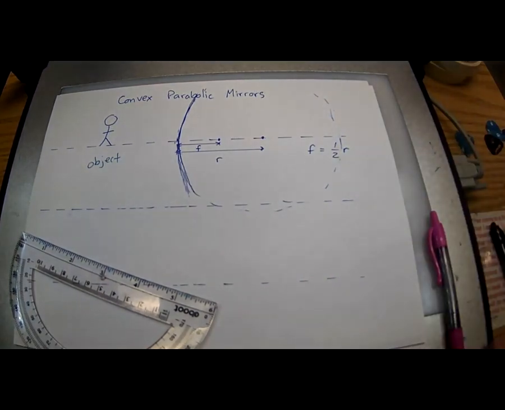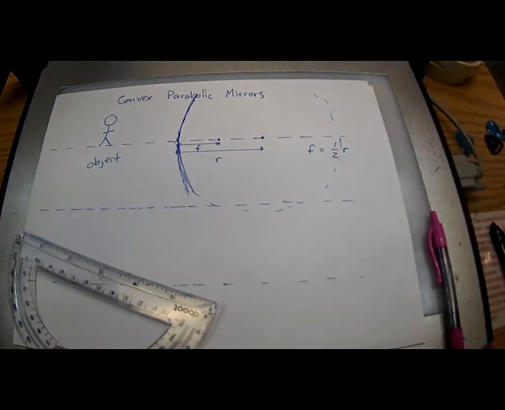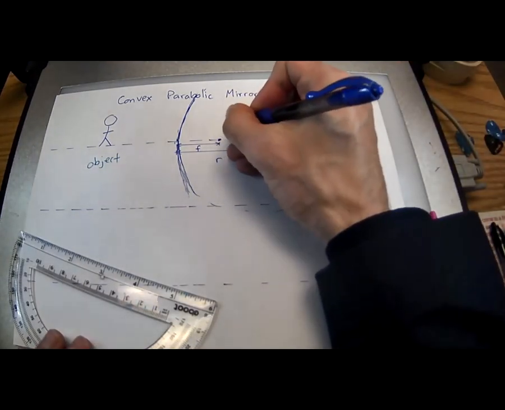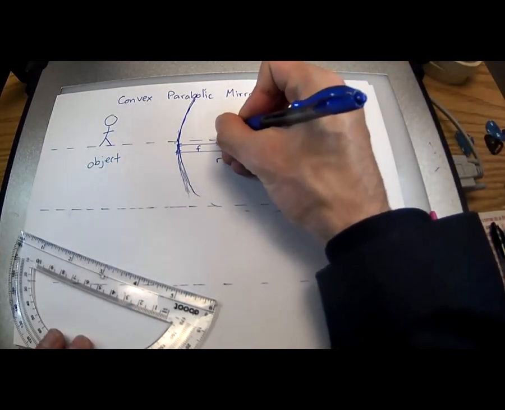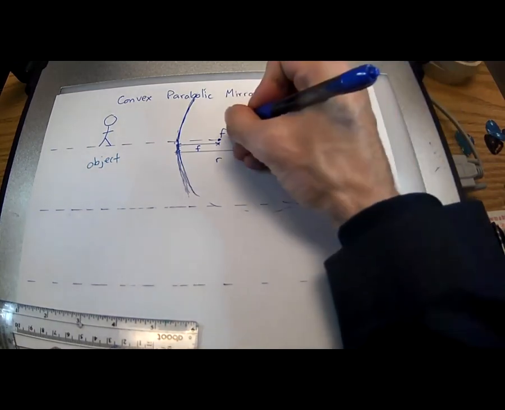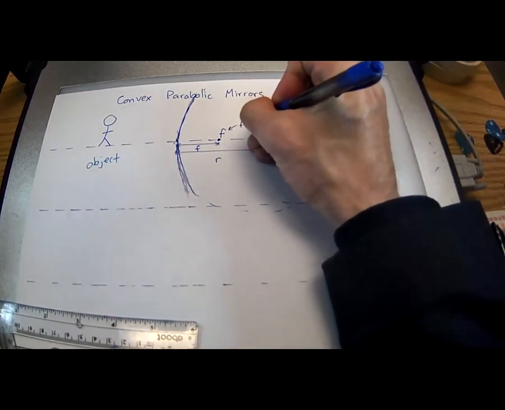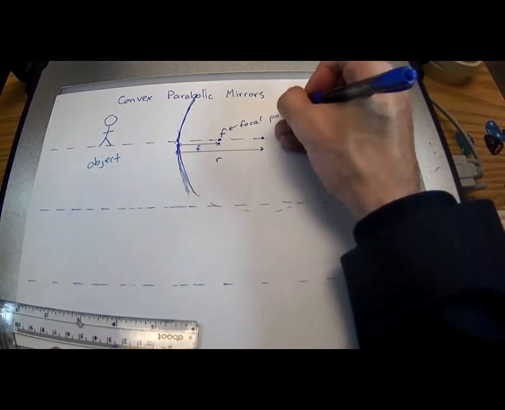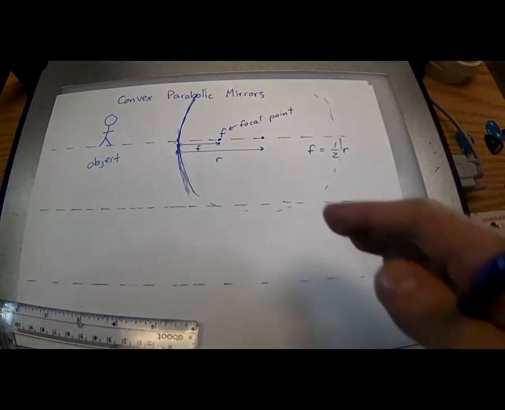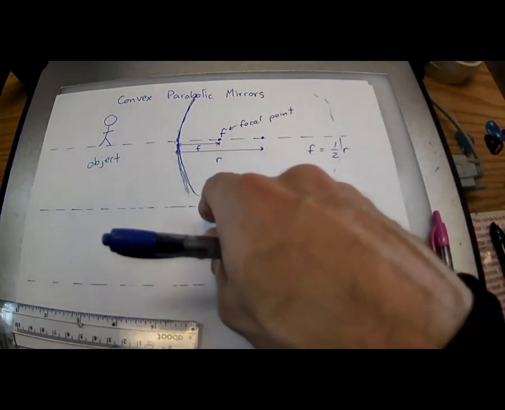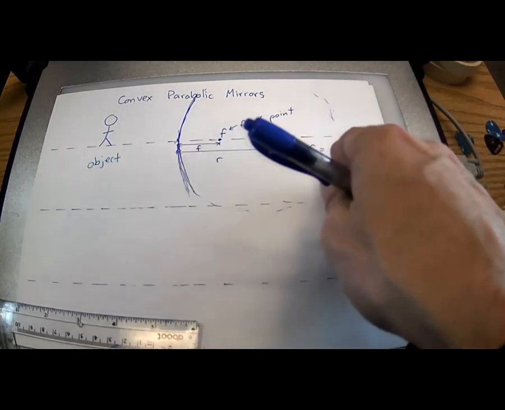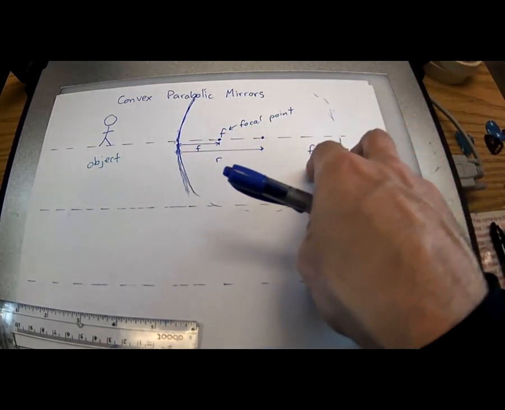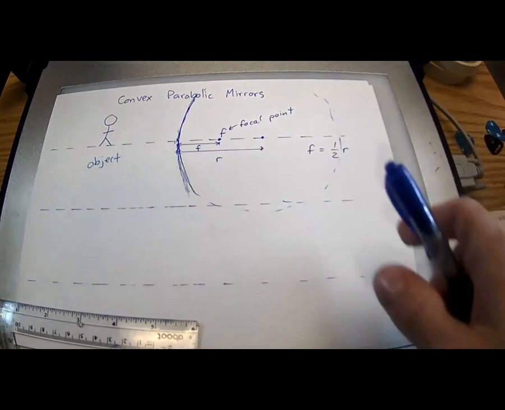Now, what's special about that focal distance? This point right here, I'm also going to label f. Maybe that's a little bit confusing, but I'll call it the focal point. So this f refers to the focal point. From now on, for the rest of my pictures, all I'm going to care about is that focal point. But you guys know in the back of your minds that it's half of the radius of a circle that can fit flush to the surface.